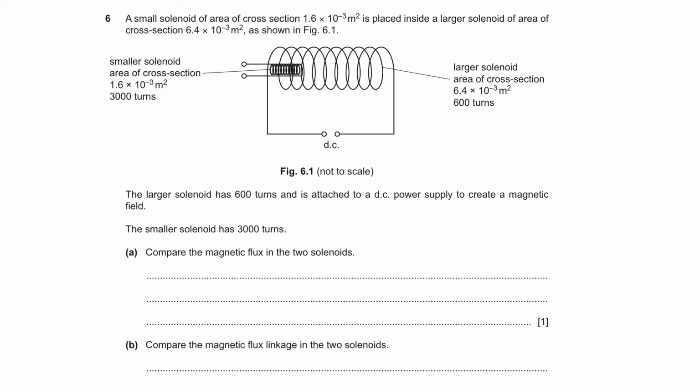Since the larger solenoid has a larger cross-sectional area, it will have a greater magnetic flux. So greater flux in the larger solenoid, or you can say lesser flux in the smaller solenoid.